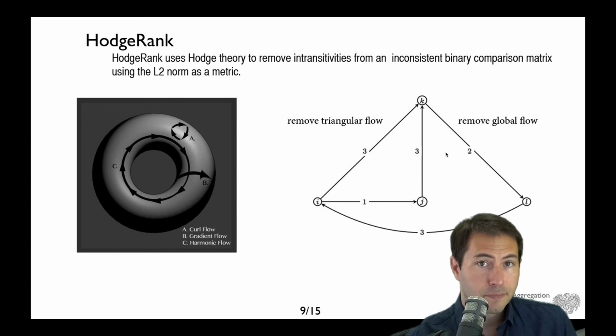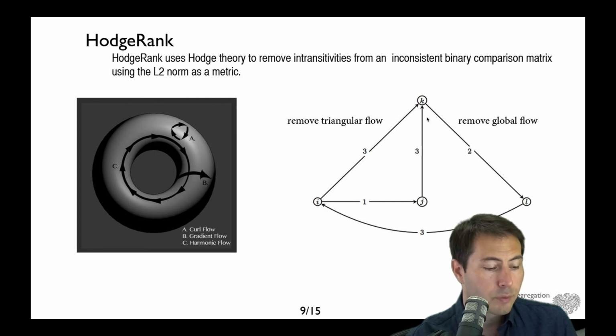This doesn't make sense. If the distance from i to j is 1, and the distance from j to k is 3, the distance from i to k should be 4. But it's not, it's only 3. And so we refer to this as the triangular flow. This is, effectively on the surface of the object, there is a disagreement from what you would expect for transitivity.